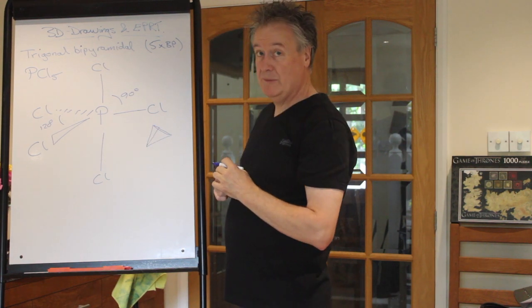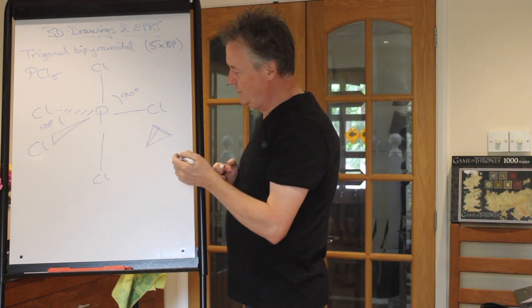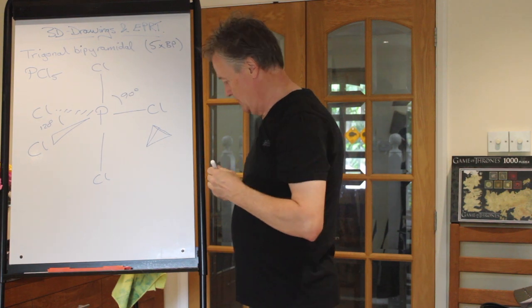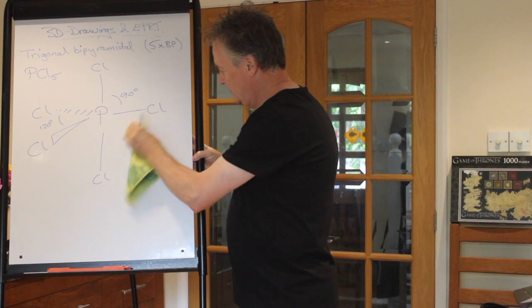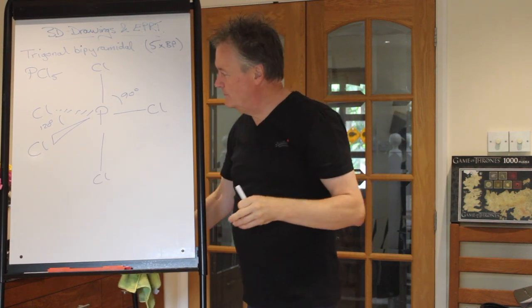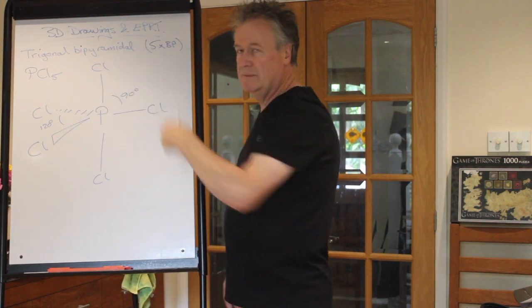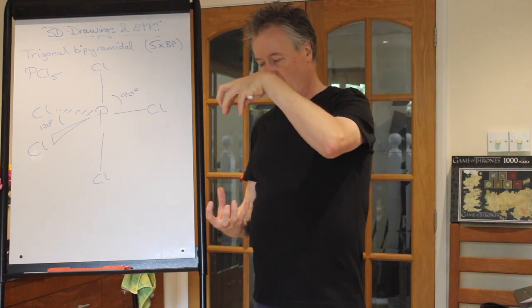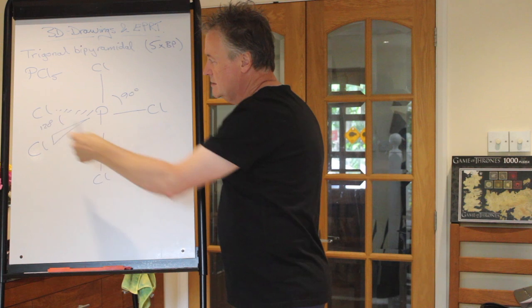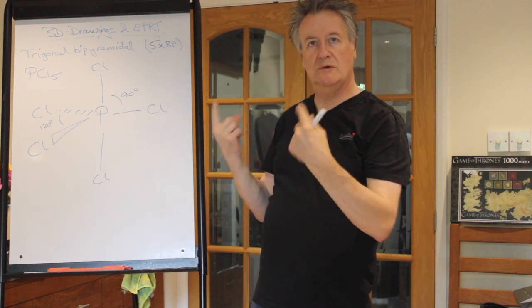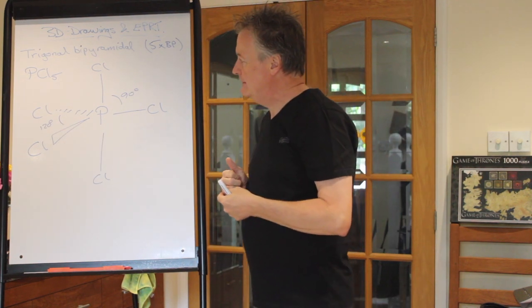Triangular based pyramid, very poorly drawn, and then there's another one of these flipped over on the bottom. I think it's best I don't try and do artistic drawings because I've never been able to do them. So it is like a triangular based pyramid with another triangular based pyramid on the bottom, of which these chlorines are making the corners of the triangular base.